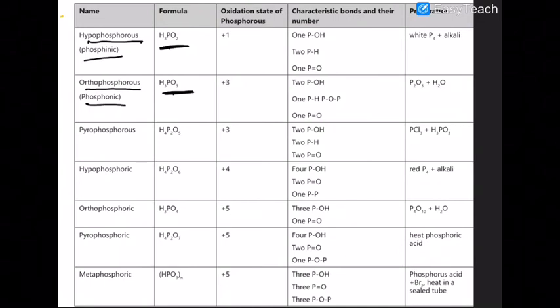Then you have pyrophosphorus acid: from phosphorus acid, if you remove one water molecule, you will get pyrophosphorus acid. Then you get hypophosphoric, orthophosphoric, pyrophosphoric, and metaphosphoric acids.